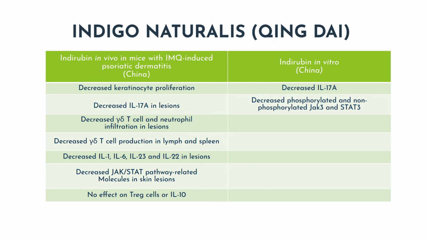And the application of indigo naturalis decreased keratinocyte proliferation, decreased IL-17A in lesions, decreased neutrophil infiltration, decreased IL-1, 6, 23, and 22 in lesions, and decreased the JAK-STAT pathway. We can see that it really does help with the Th17 pathway, and it helps topically.